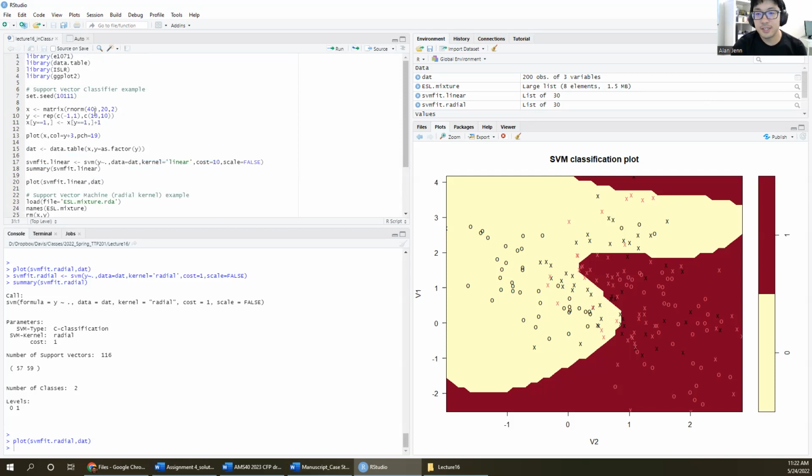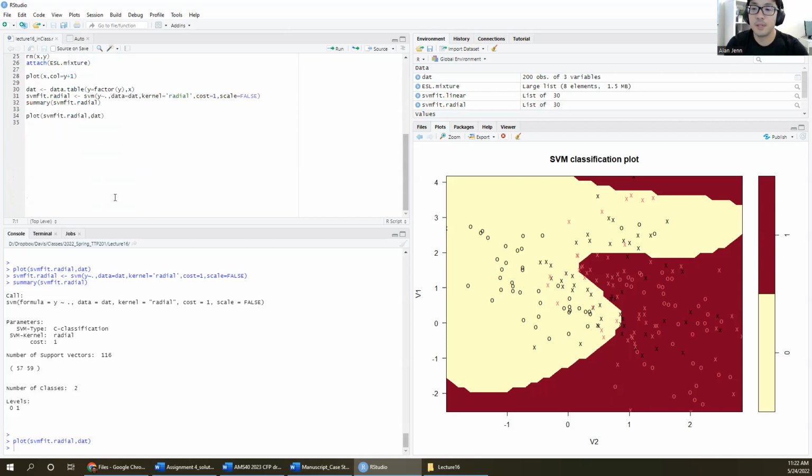So set seed is whenever you want to make it so that your random draws are kind of a fixed value.